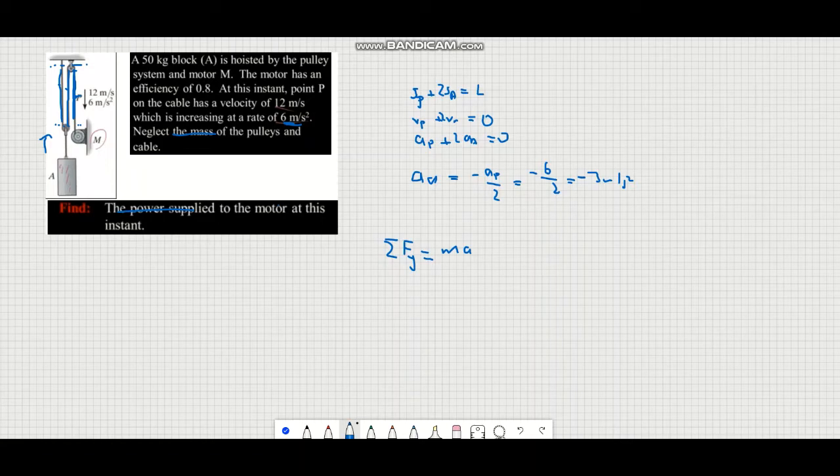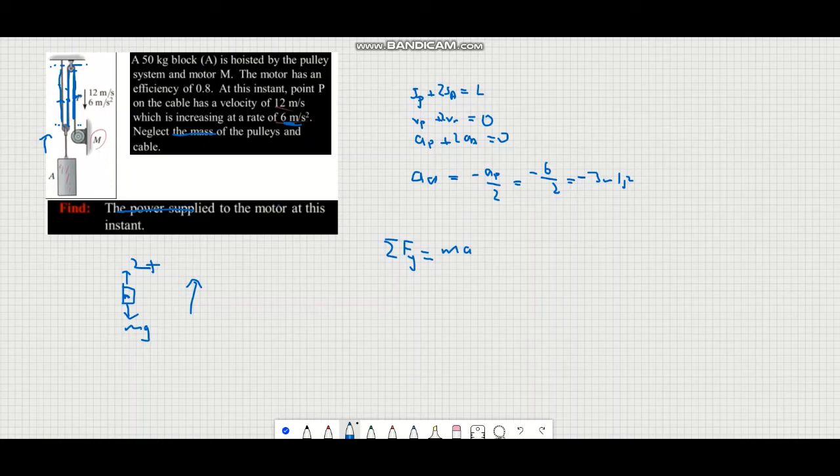When we draw our free body diagram, block A has 2T, which is the two cable tensions, and mg, which is the weight. The net force results in the upward direction by ma, the mass multiplied by acceleration.